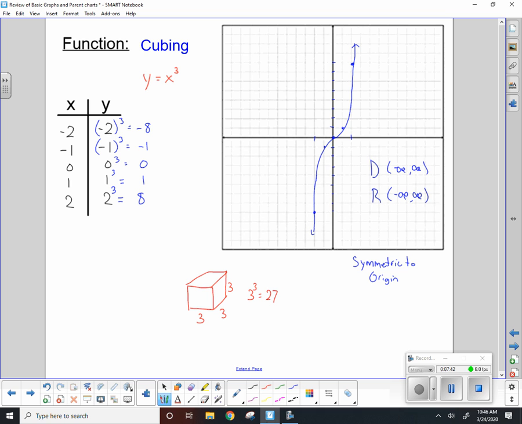And so what that means is if we were to take any point along the graph, say for example this (2, 8), which is up here, if I change the signs to (-2, -8), that point is also on the graph. So it's reflecting over the y-axis and the x-axis, or has symmetry to the origin. This function is increasing over its whole domain, so from -infinity to +infinity.